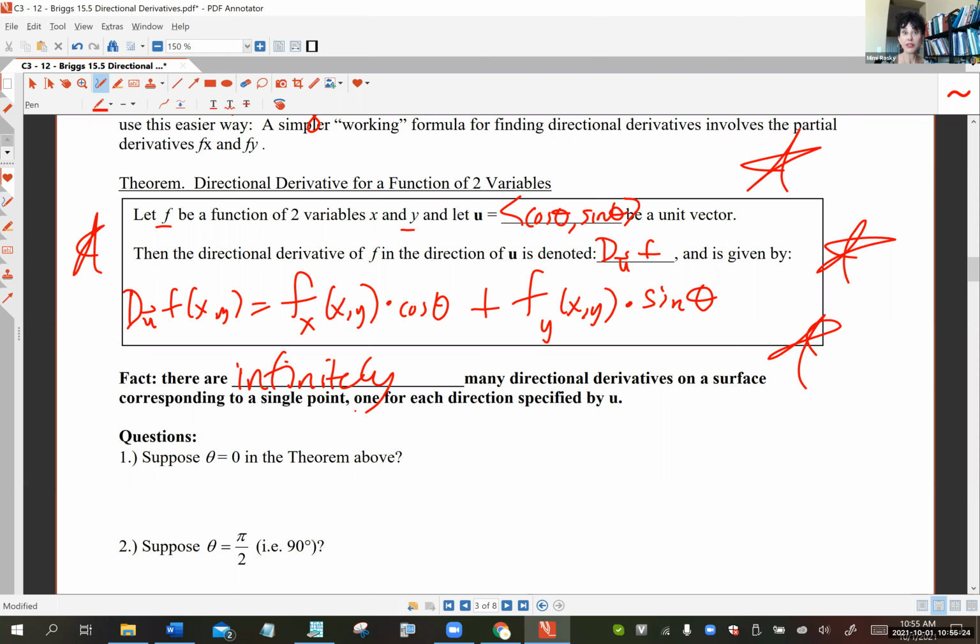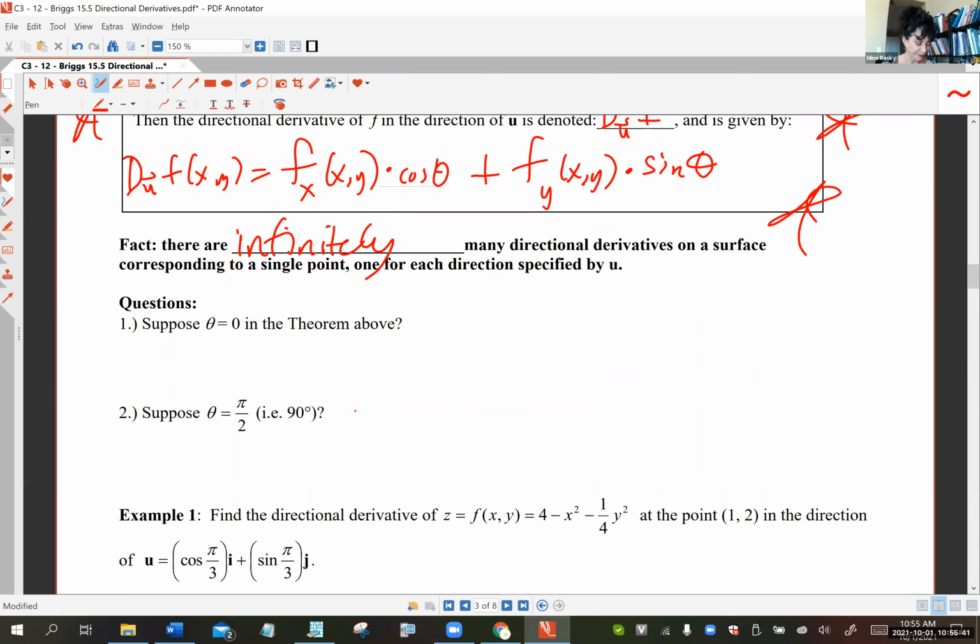Because when you're standing on a surface, let's say you're a skier, you can look in infinitely many different directions. You can spin yourself around 360 degrees and point your eyeballs at any one of infinitely many directions and get the slope in that direction. Okay.